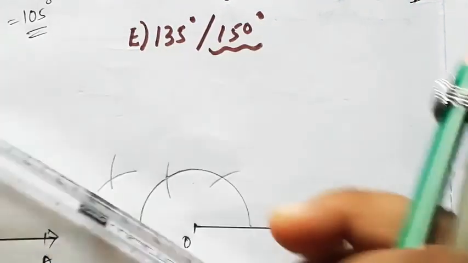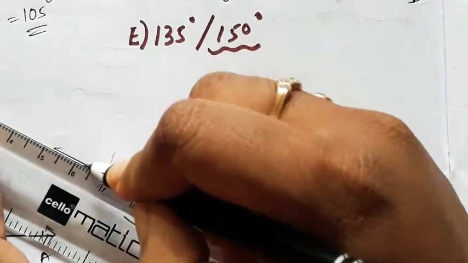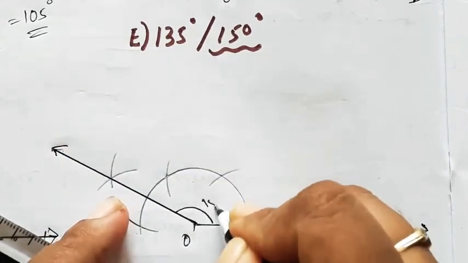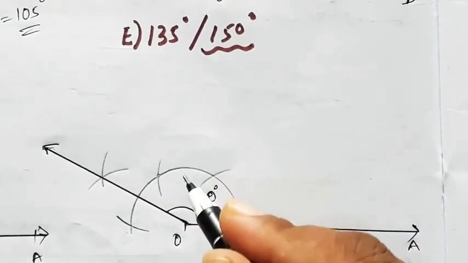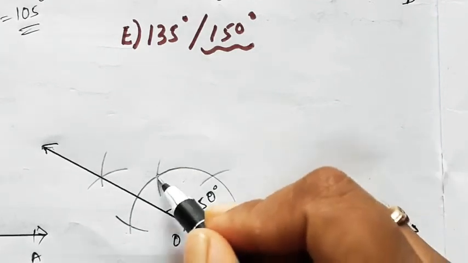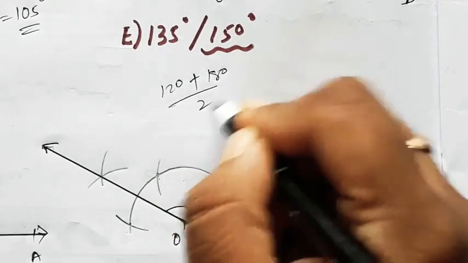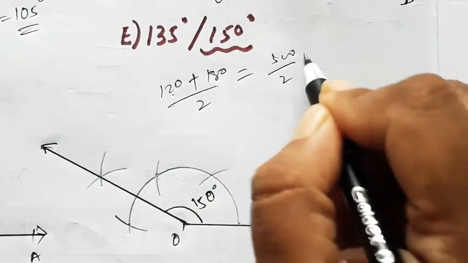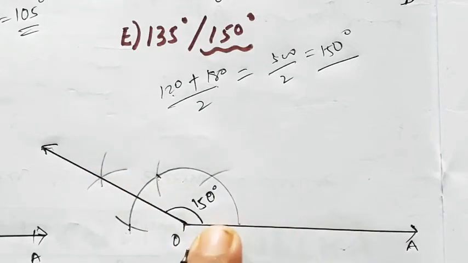So this point you got, that is the 150 angle. You can verify it by simple mathematics: this is 120 and this is 180, divided by 2. 180 plus 120, how much? 300. 300 divided by 2 is 150. So the bisector of these 2 points is the 150 angle.